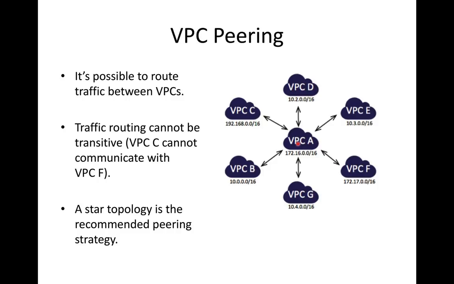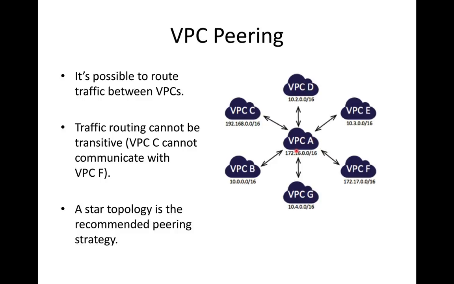When you set up VPC peering between two VPCs, that allows you to route traffic from one VPC to another VPC. Remember, each VPC has its own private network, and typically that traffic can never leave the VPC. But if you set up a peering connection with another VPC, then the two VPCs can route traffic between each other using their own private network address space.